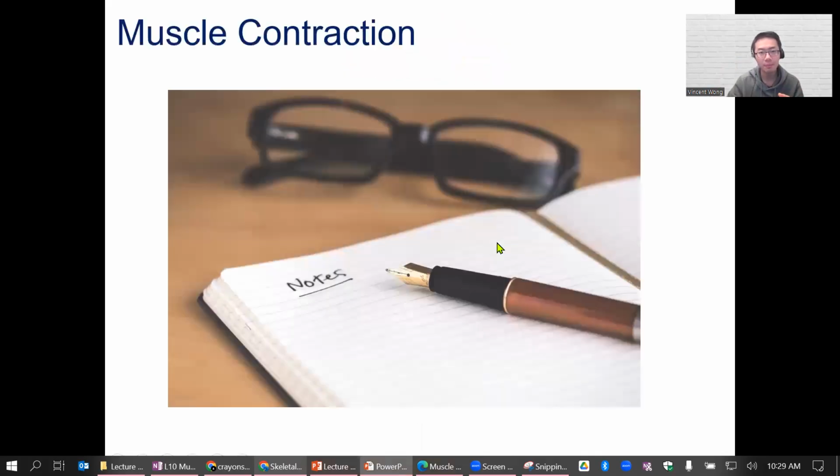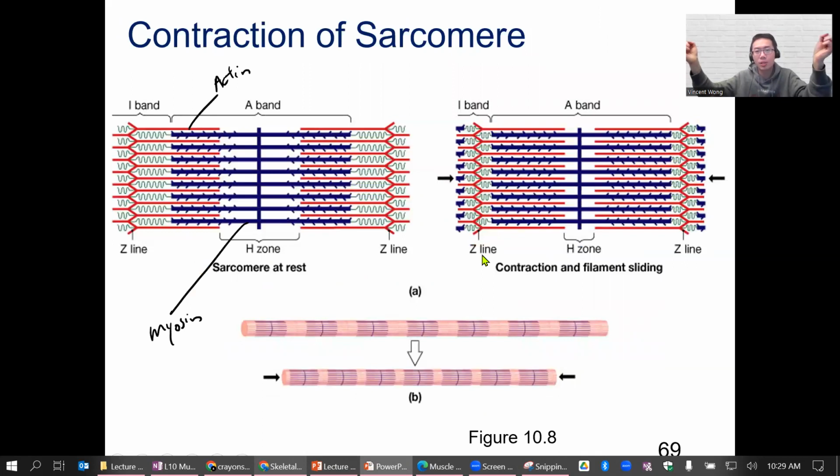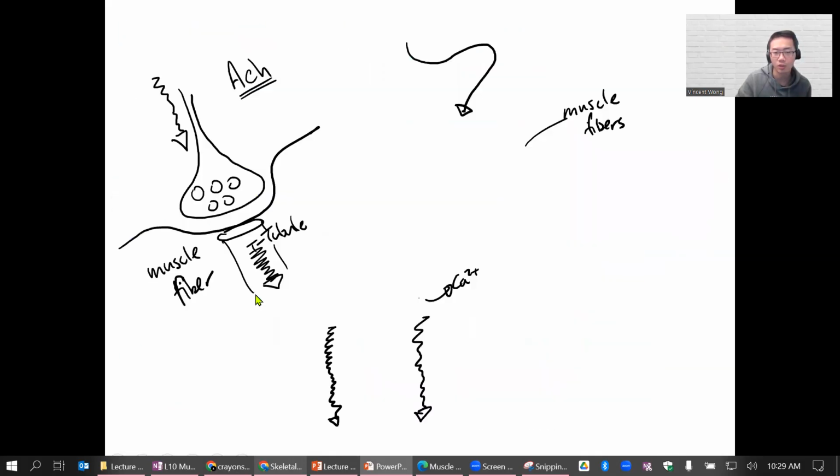The calcium is going to bind to the troponin, and the troponin will roll away the tropomyosin, which was covering the myosin binding site. Once the myosin binding sites are exposed, the myosin will grab onto it and pull, and then it will shorten the sarcomere. And that's ultimately how you create the contraction.